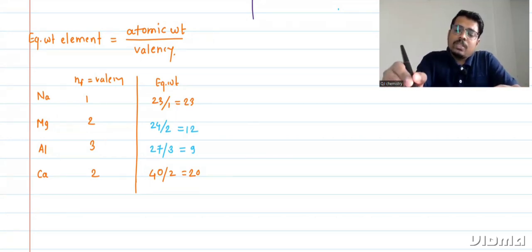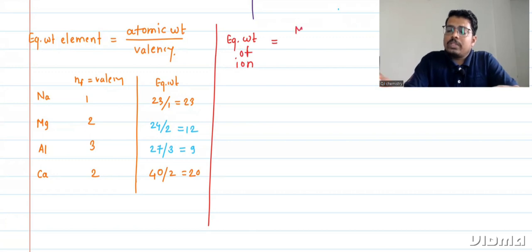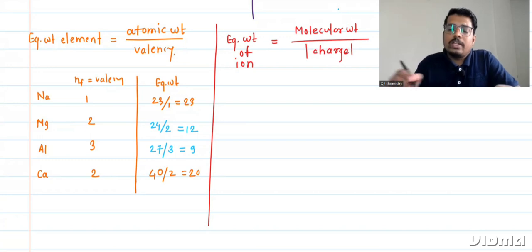Next is equivalent weight of ion. Equivalent weight of ion is equal to molecular weight of ion divided by n factor. So here n factor is the charge on the ion. So let us find n factor first in case of ions.